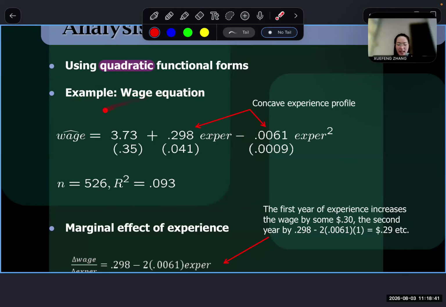So here is our regression output: wage hat equals the intercept plus beta 1 times experience minus beta 2 times experience squared. Look at the sign: positive on experience, but negative on experience squared.